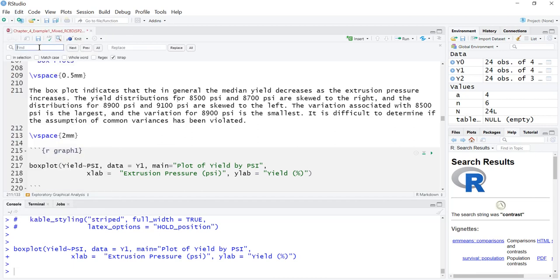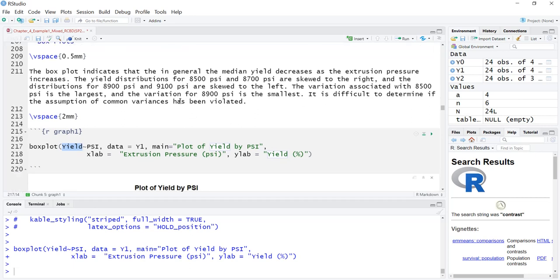You can find, let's say, yield, and then you want to change it to something else. Then you type it in, and you can replace all of them right here, and everything will be changed over. So when you're changing variable names, that's an easy way to do it, use find and replace.